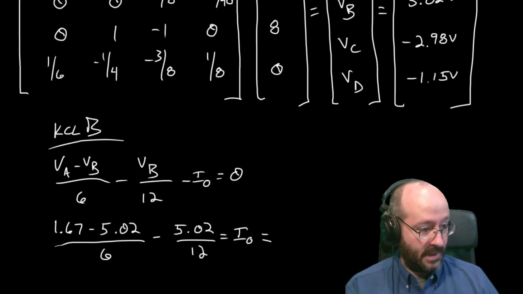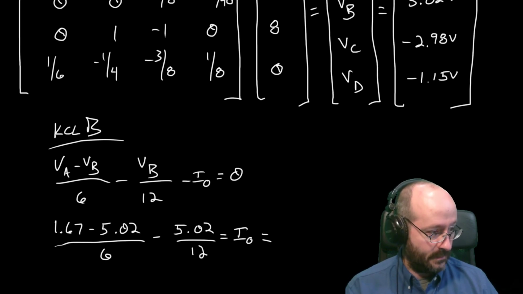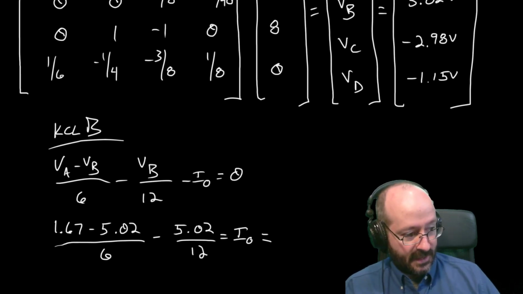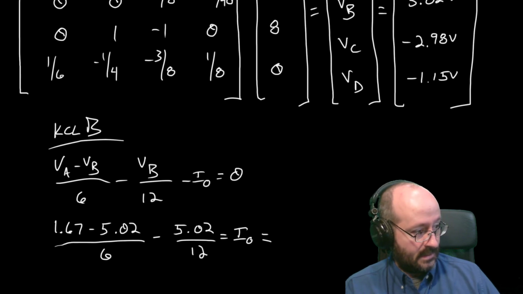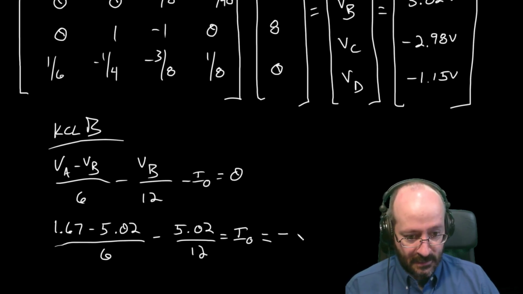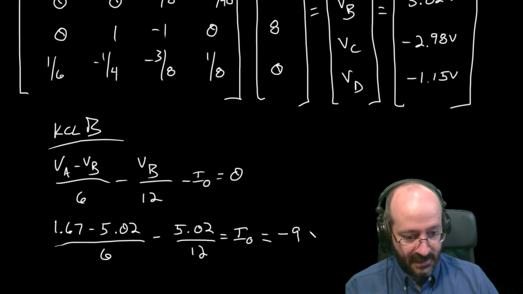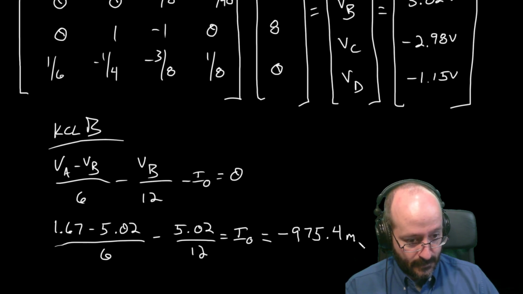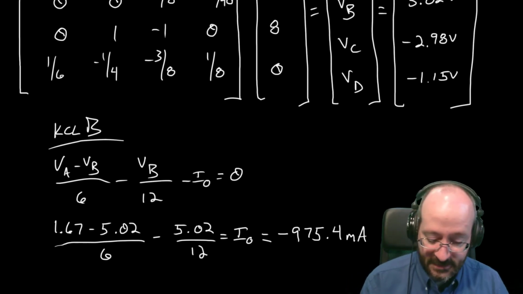Let me just check myself. Past Dave calculated this. That guy's doing me a solid right here. Our node voltages match up. That's cool. And our current matches up. That's great. So we get negative 975.4 milliamps. And there's our answer.